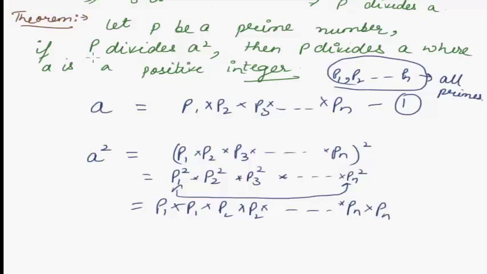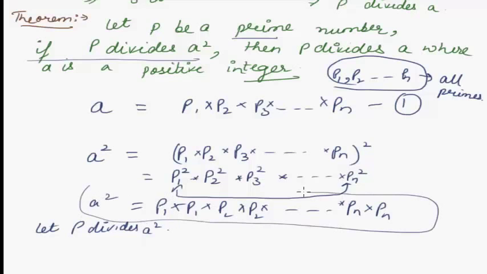Now friends, let P divide A square. Since P is a prime and the prime factorization of A square is this equation, the primes involved are again P1, P2 up to Pn, which are the same prime factors involved in equation 1, but only their quantity has been doubled in equation 2.